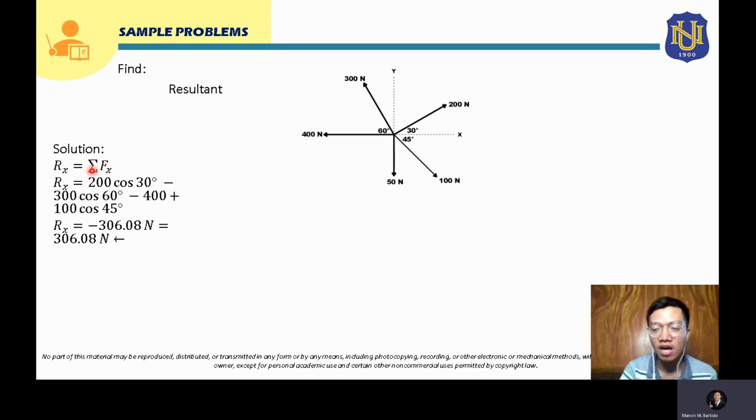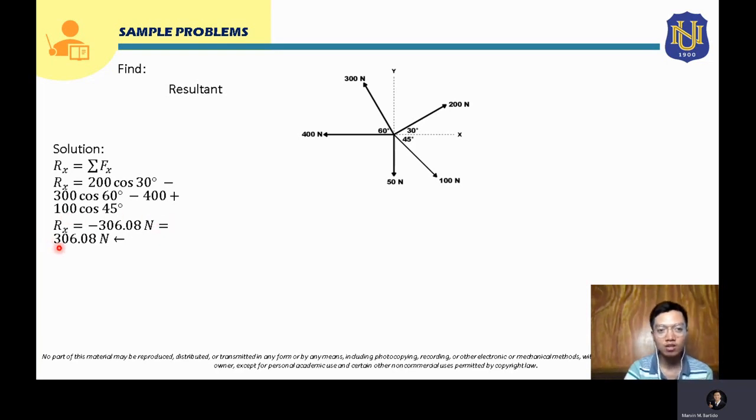So since the answer is negative, that means your horizontal component is directed to the left, right? So you can say that your Rx is 306.08 Newton directed to the left. So that's how you can know the direction of the component that you have solved.